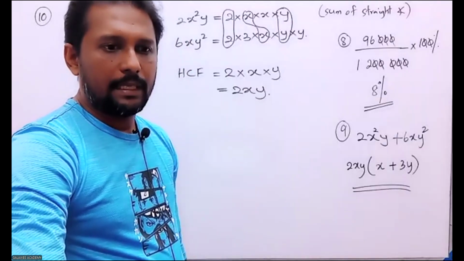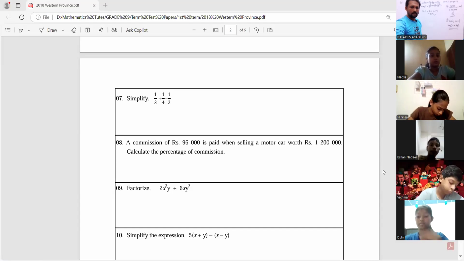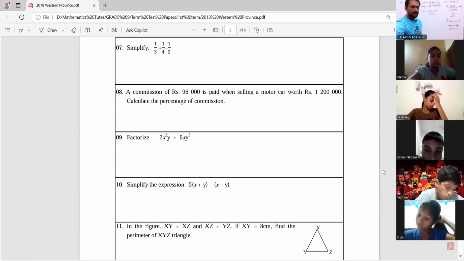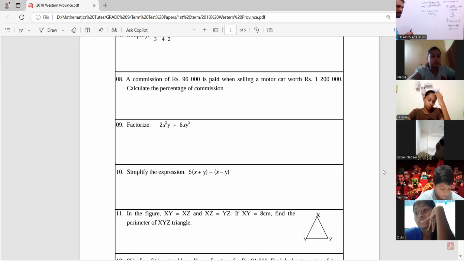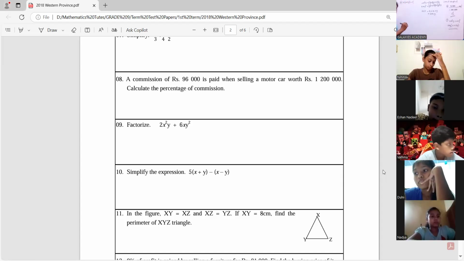Right, number 10. The 10th one is given: simplify the expression. That means remove the brackets and simplify the like terms. 5 bracket x plus y minus another bracket x minus y. Let's simplify this.